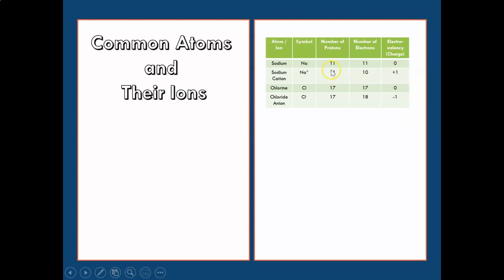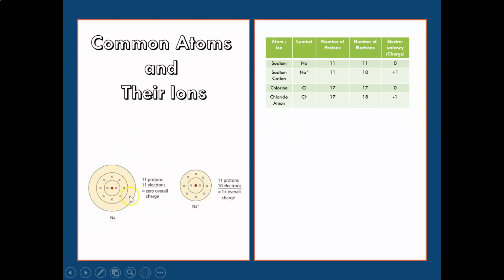And why has it got that? The number of protons is 11, but the number of electrons is 10. It's lost an electron. Sodium is way over on the left-hand side of our periodic table, so it loses electrons very easily. So it's lost 1, and that's what's made it Na+.